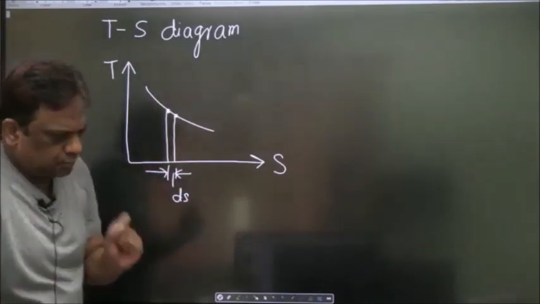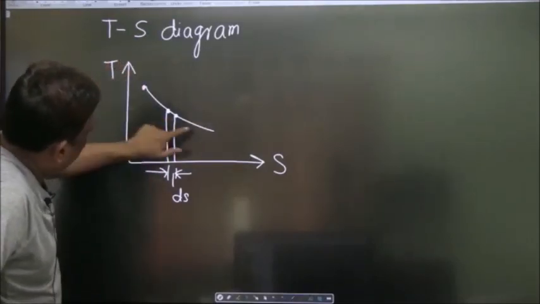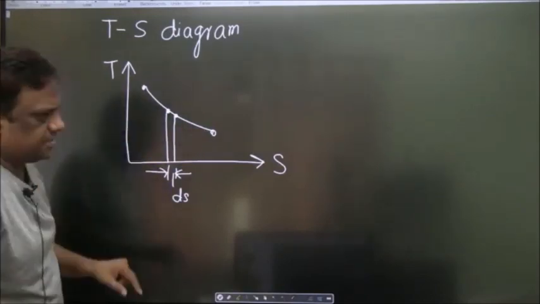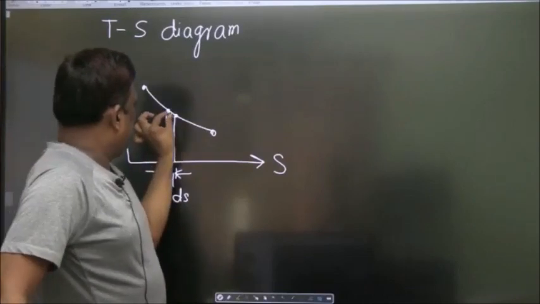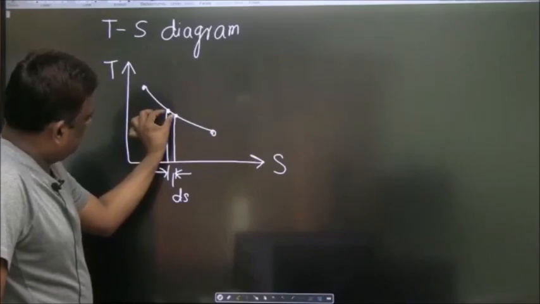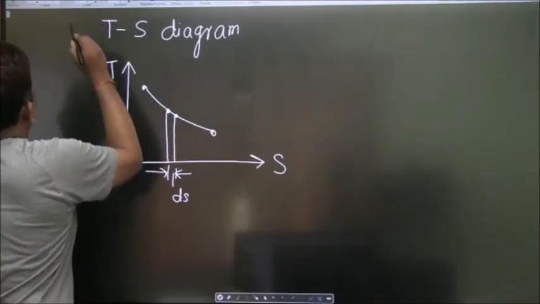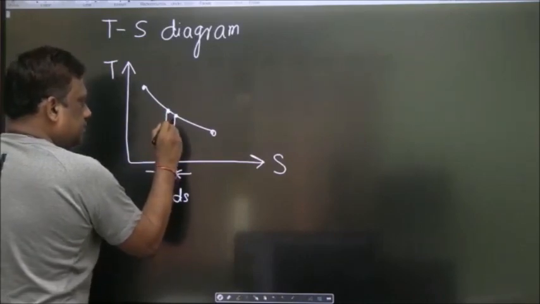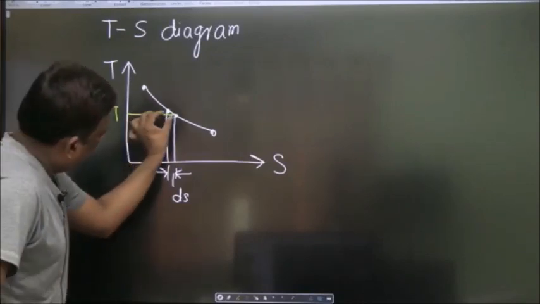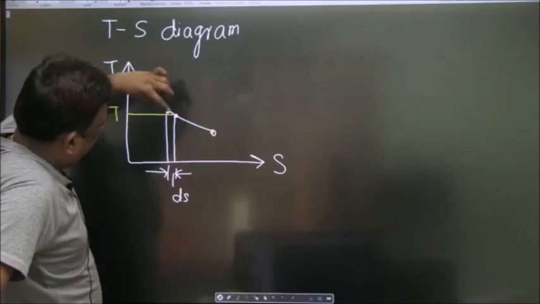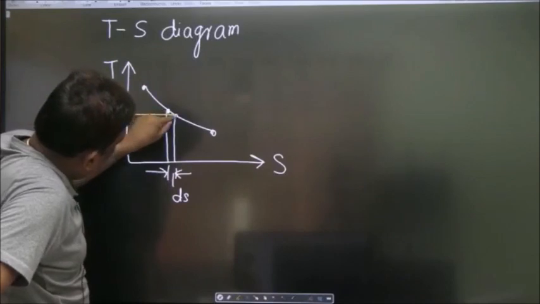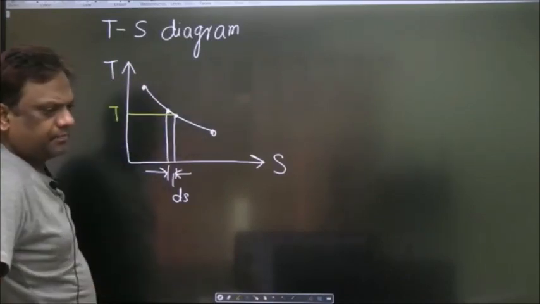If I take a point here and a point here, there is a large difference in temperature. From here to here, there is a huge difference. But if I take two points very, very close to each other, in that small range the temperature is assumed to be almost the same.